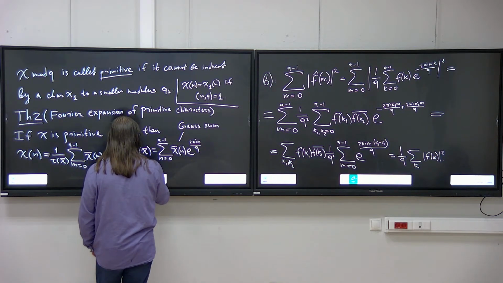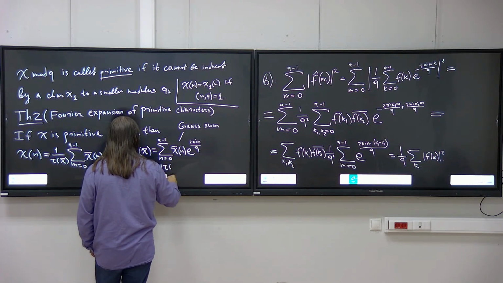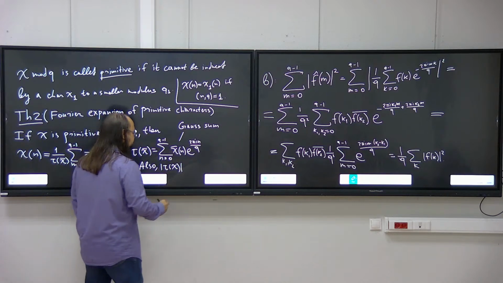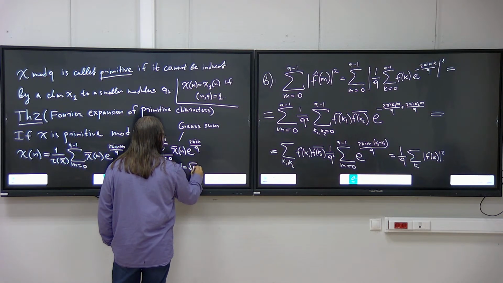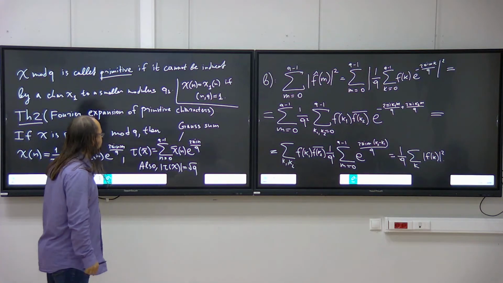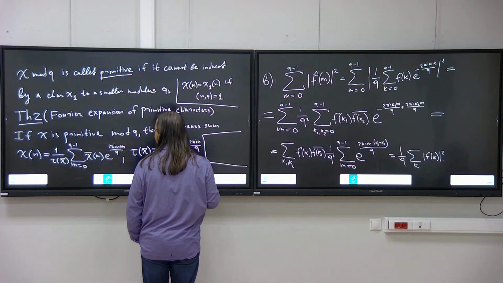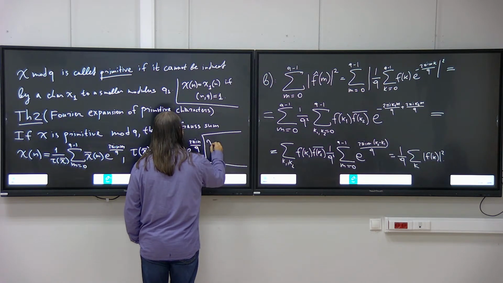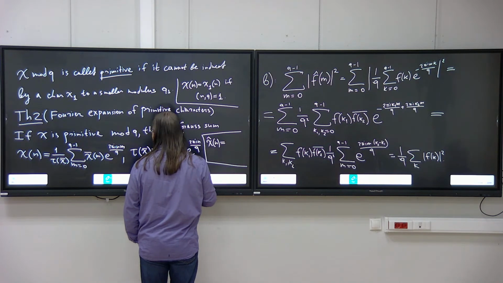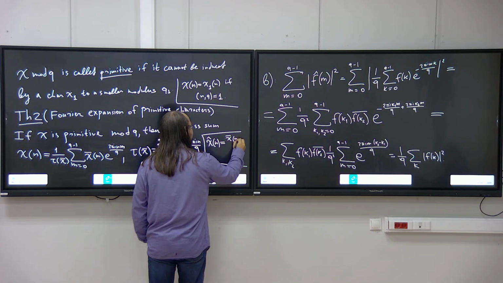Also, and this is very useful, absolute value of tau of chi and also of chi bar, of course, is equal to square root of q. So let me clear something out. So chi hat of n is equal to chi bar of n divided by tau of chi bar.